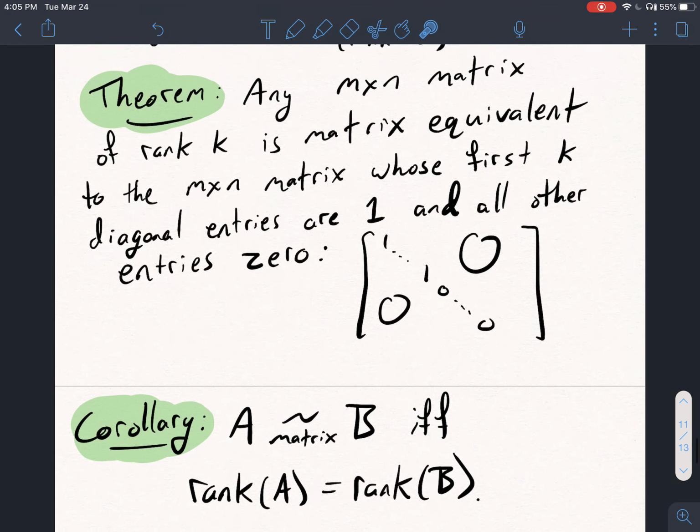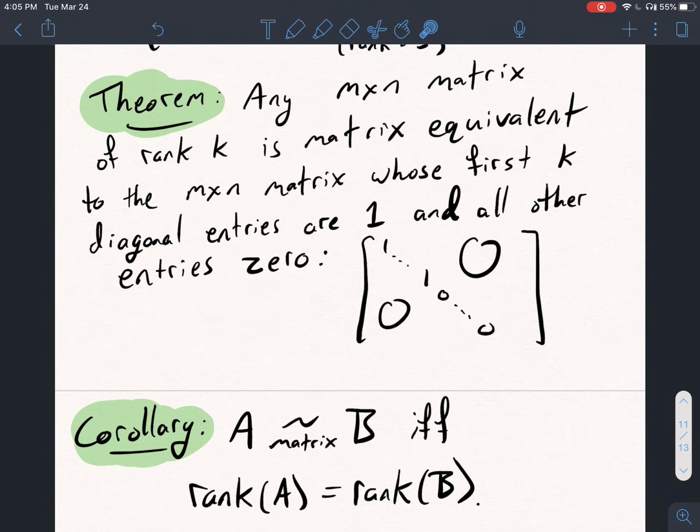Okay, so a corollary to that is that A and B are matrix equivalent if and only if they have the same rank. And that's just because if you're rank k, then you are matrix equivalent to this.